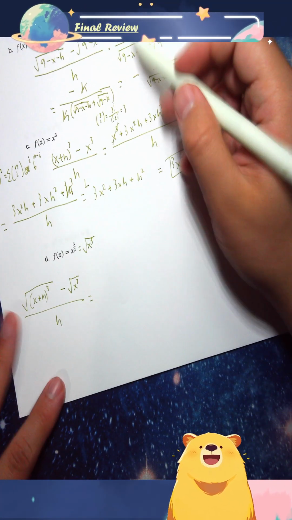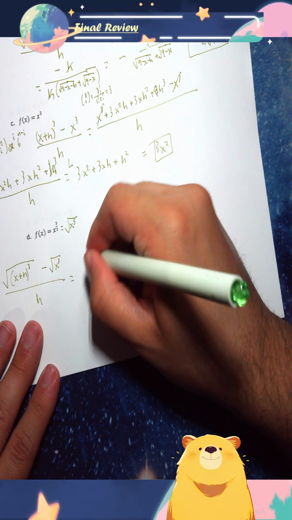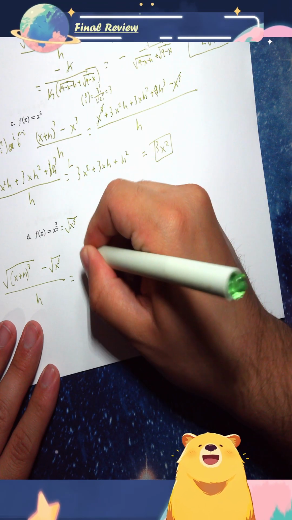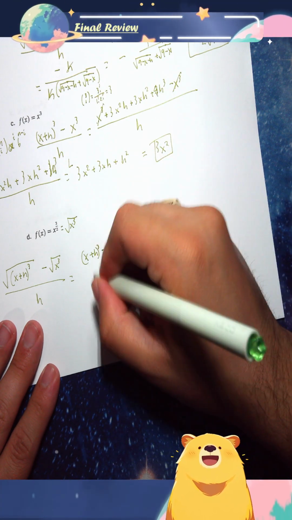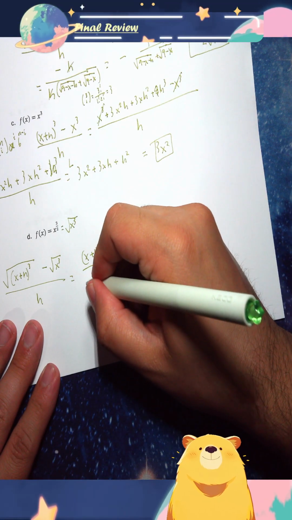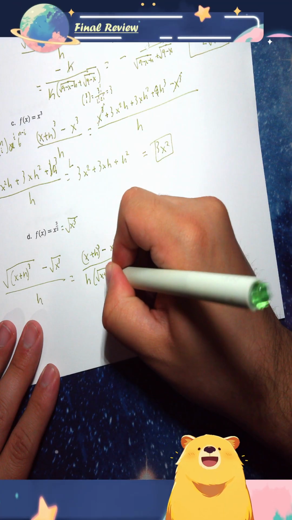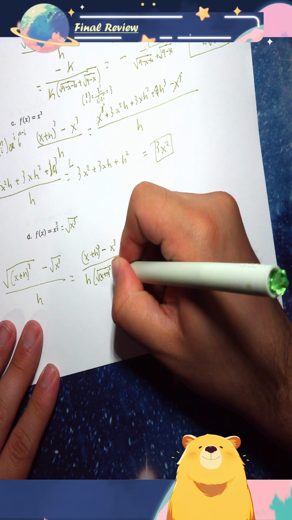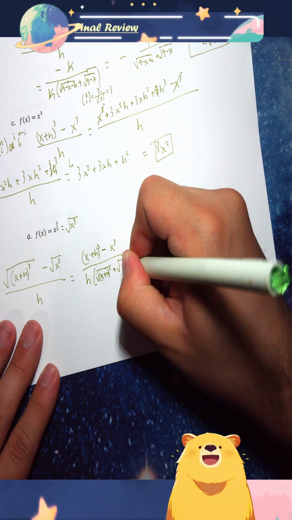First, I'm going to do this trick over here. So that basically gives me x plus h cubed minus x cubed over h, and then times the square root of x plus h cubed plus the square root of x cubed.